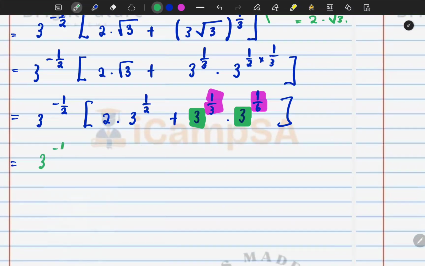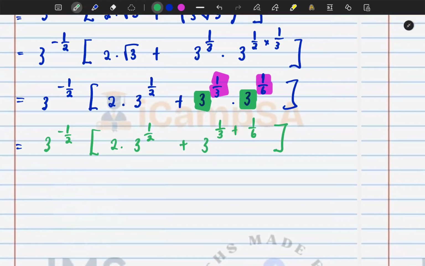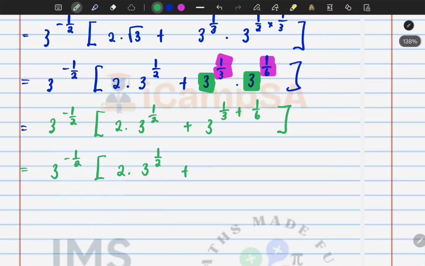So you still have 3 to the power of -1/2 into 2 times 3 to the power of 1/2, plus 3 to the power of 1/3 plus 1/6. So this is going to be 3 to the power of negative 1 over 2 into 2 times 3 to the power of 1 over 2, plus 1 over 3 plus 1 over 6. It's going to give you 1 over 2. So you have 3 to the power of 1 over 2.